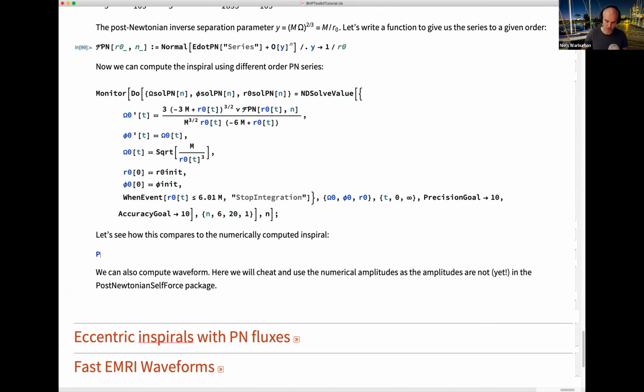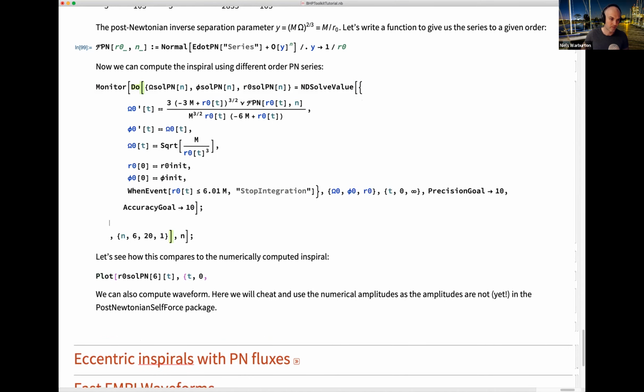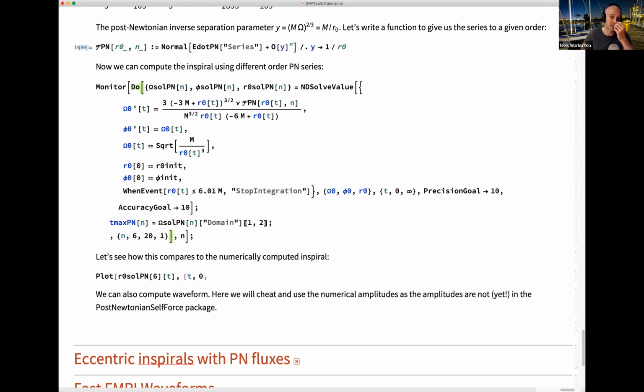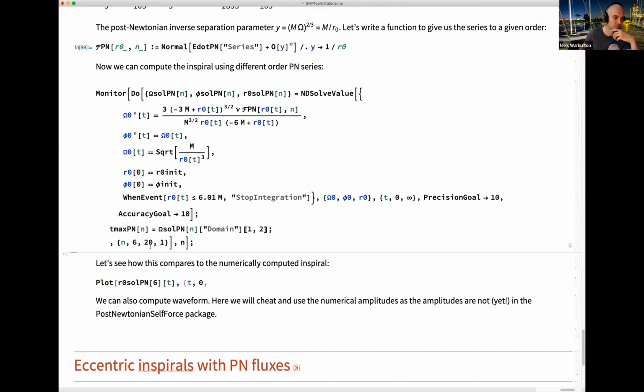So what we can do is plot R0 PN for some n, as a function of time t from 0. We'll also need the maximum time. So that needs to be inside the loop, because the time it takes to get to the ISCO will vary with the post-Newtonian order.